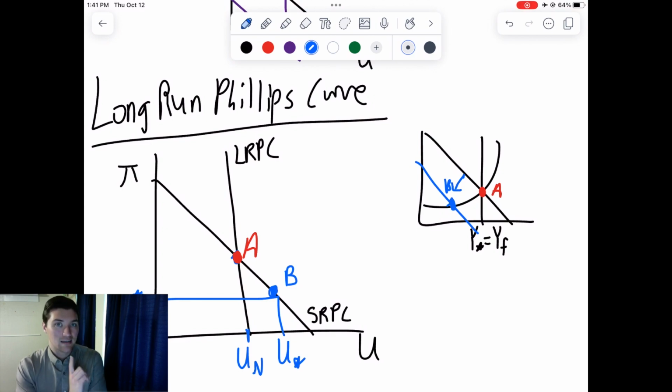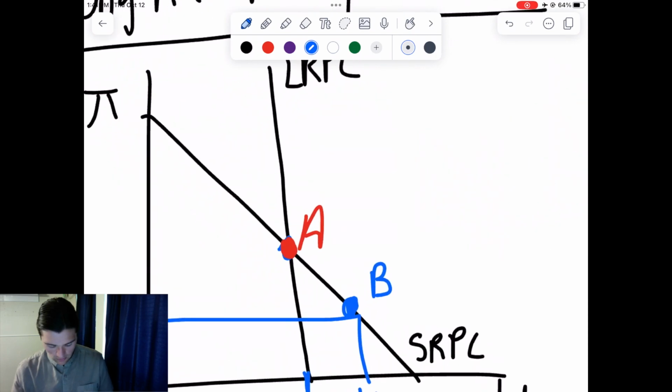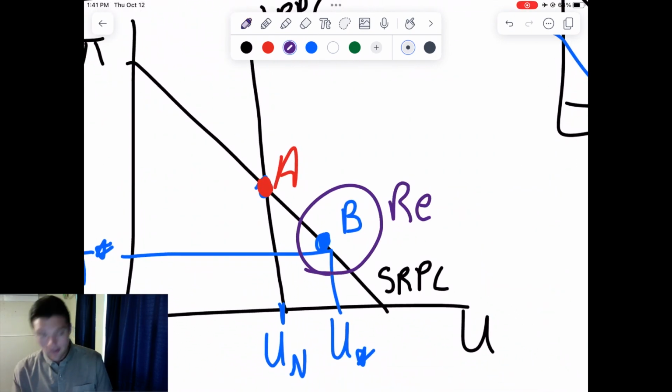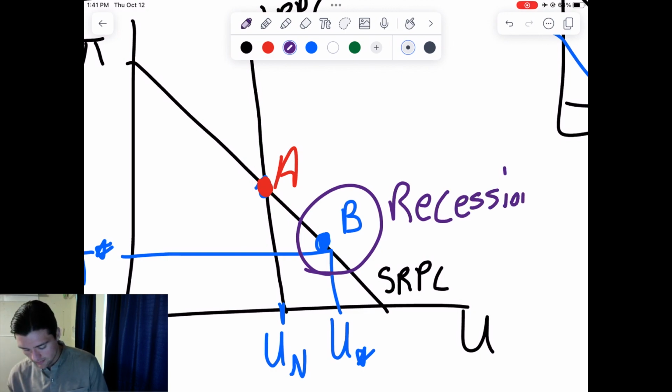When you are not at your natural rate, you are not in equilibrium. So when we are higher than our natural rate, this means we are in a recessionary gap. When you are lower than your natural rate, this means you're in an inflationary gap. So this right here, if your point B is to the right of the Phillips curve, this means you're in a recessionary gap.